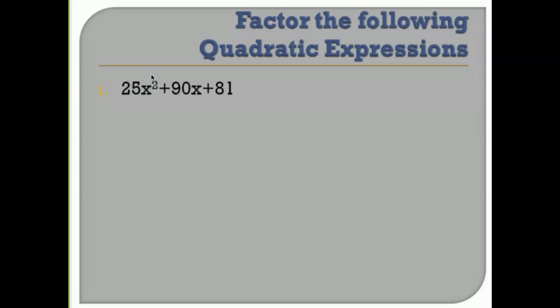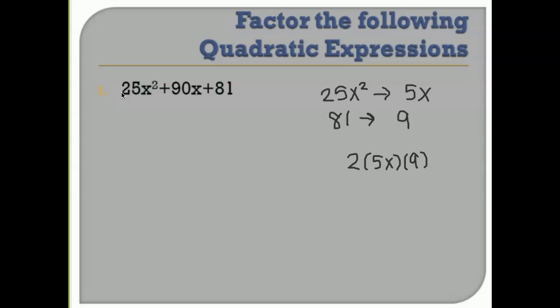Okay, so 25x squared. 25 is a perfect square. X squared is a perfect square. So that's the same as 5x. Looking at 81, it's a perfect square. It's 9. So then you have to determine if the middle is 2 times 5x times 9.